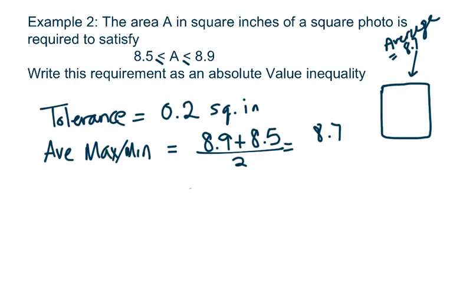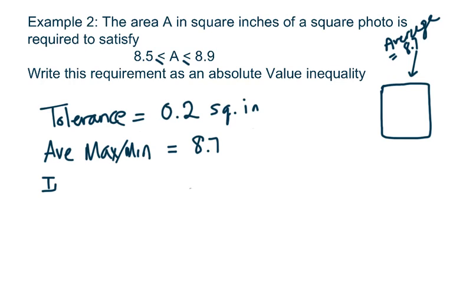All right, moving forward, again, 8.7 is the average. We're also going to talk about the inequality that we can write.